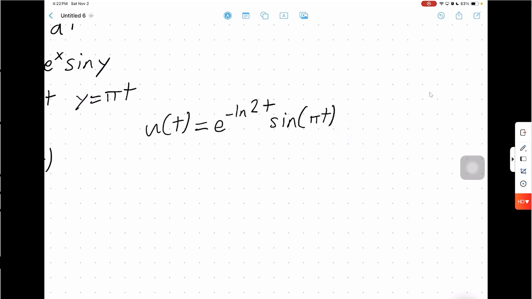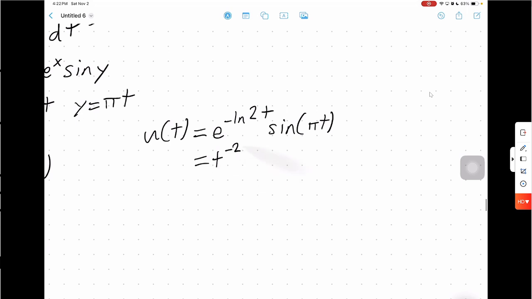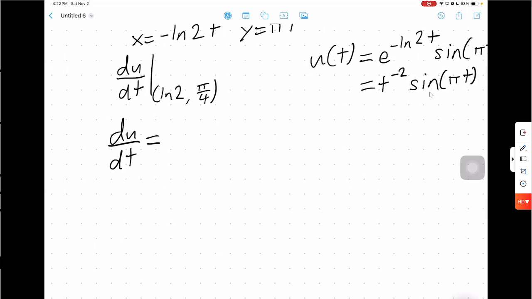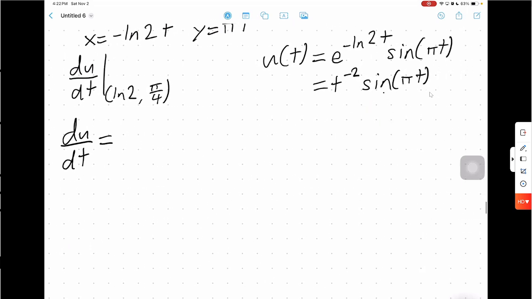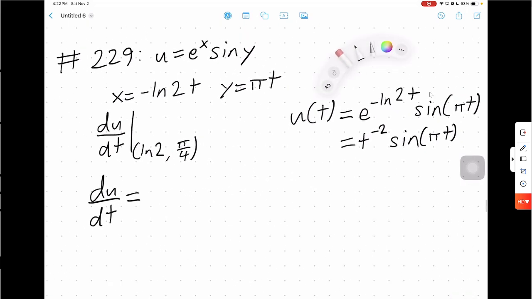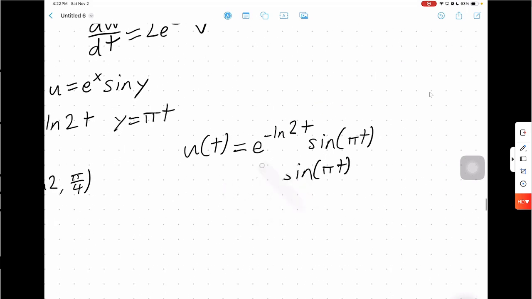So e to the ln of 2t is just going to be equal to t to the negative 2. And then we have sine of pi t. So we could legitimately just take this and get it. But let's just try and use the chain rule.